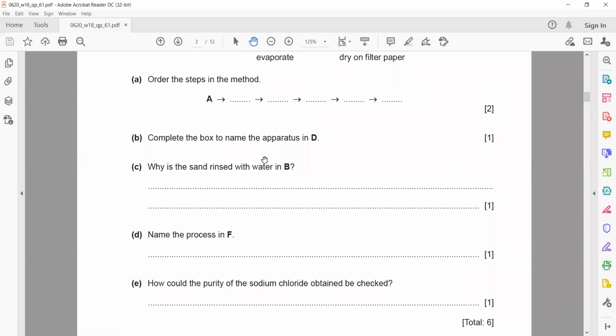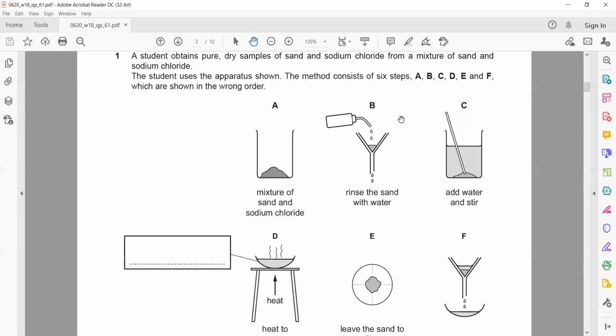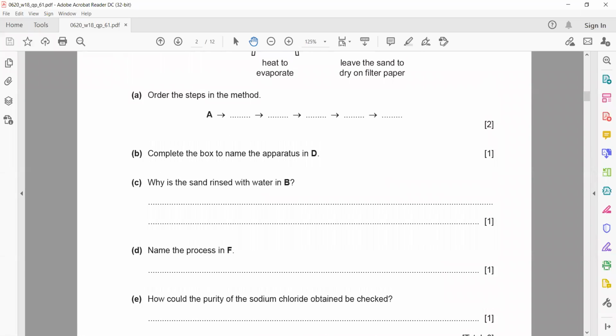The next part, why is sand rinsed with water in B? What was the purpose? Basically, when we wash the sand, it will clear any remains of sodium chloride, or it will wash out or dissolve, or it will remove the salt.